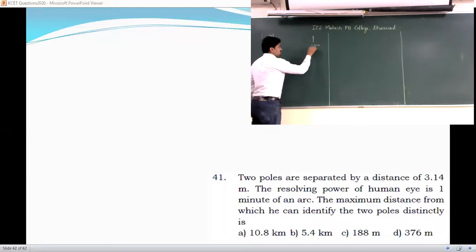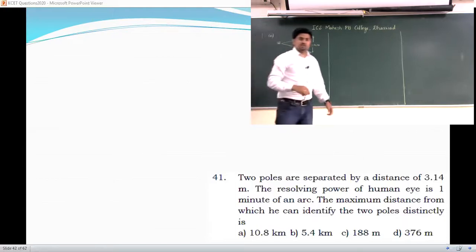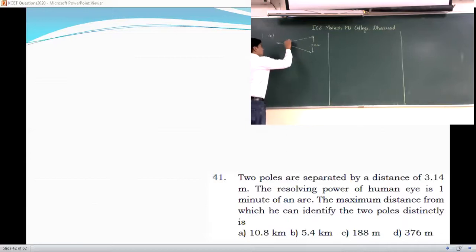Now, if a person is watching from here, for him these two poles are separated by this distance. What is the angle created here? The angle created by him is theta.